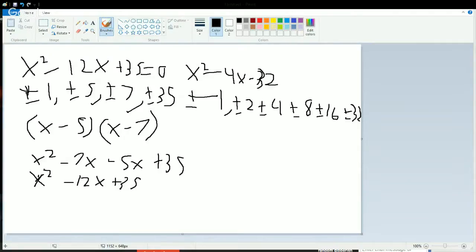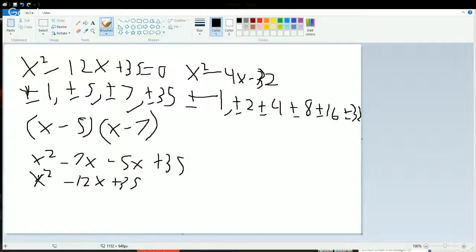Negative 2 squared minus 4 times negative 2. That's still 12, and 12 minus 32 is not zero, so that's not it.